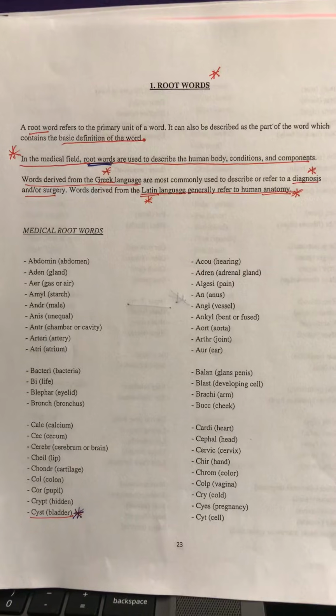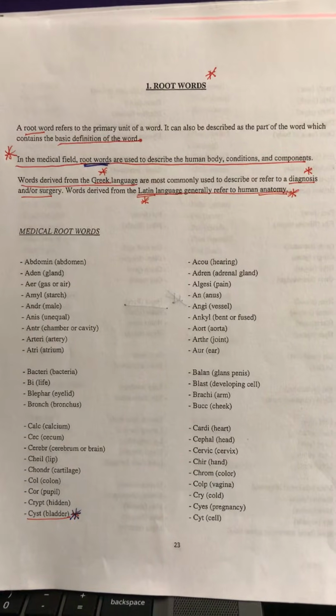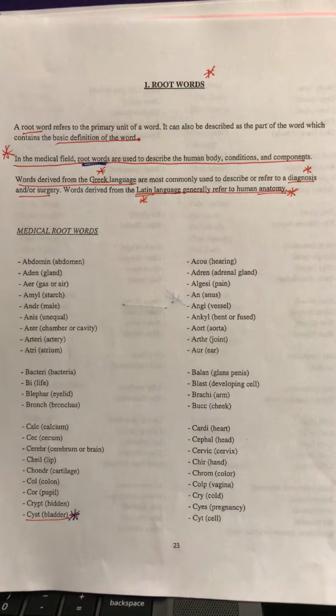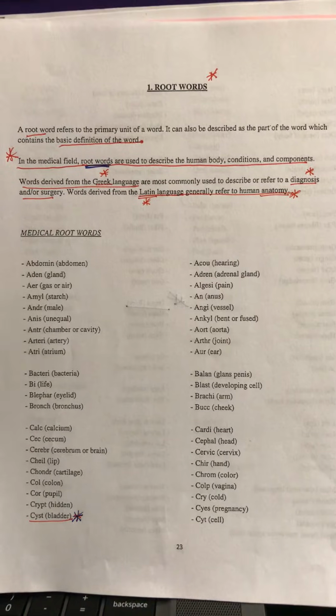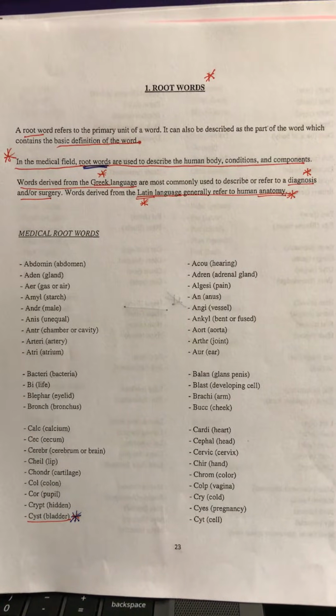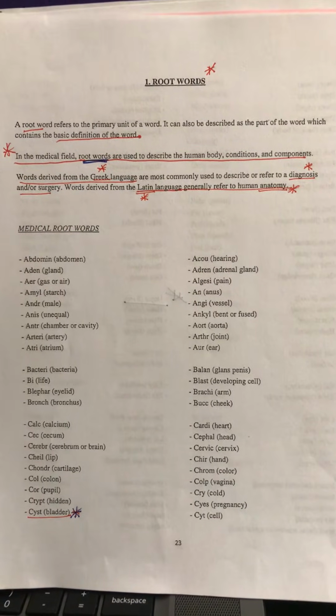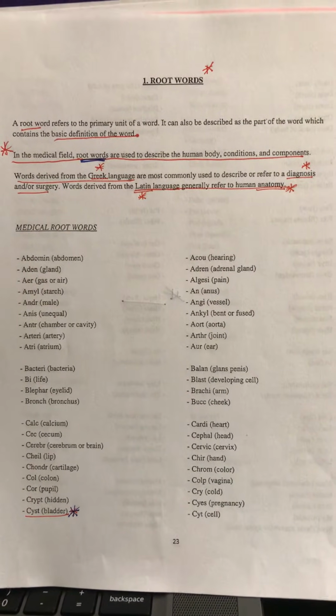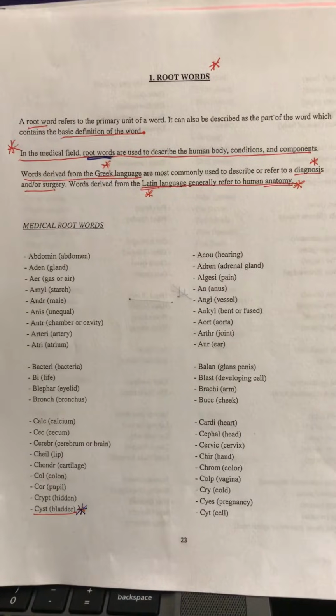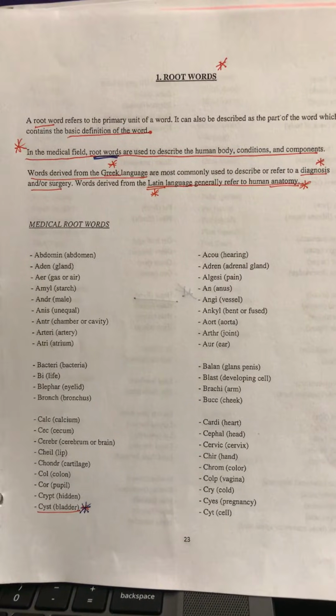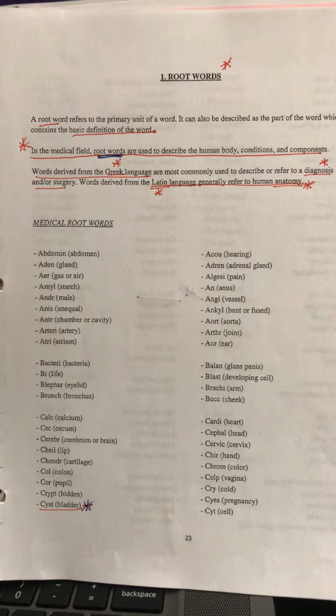I have circled, highlighted some that you should know. Some of these are easy, some of them are not so bad. We do not just study root words, it's something you remember. This chapter is so short, and the reason it's so short is because this is something you have to just get in your head.